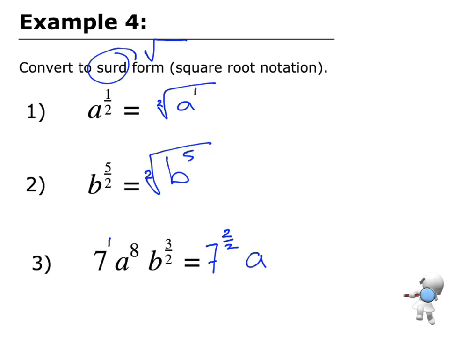So that power of 8, I want to write that as something divided by 2. So something divided by 2 is equal to 8. That something is 16. And then I've got my b to the power of 3 over 2. So now that I've got all of those as divided by 2 in the power, now I can convert to the square root. So there's my square root, and I'm going to have 7 squared, a to the power of 16, b to the power of 3.